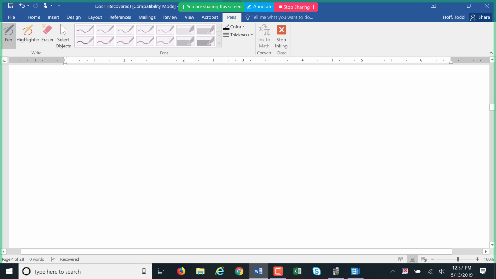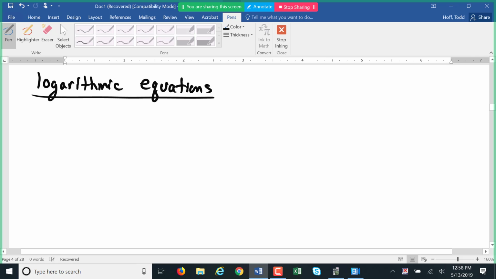We've looked at solving logarithmic equations. We had all these rules for combining logs that are necessary because we can't have a log of more than one thing on each side. We do have to have one term on each side of an equation to make it work.